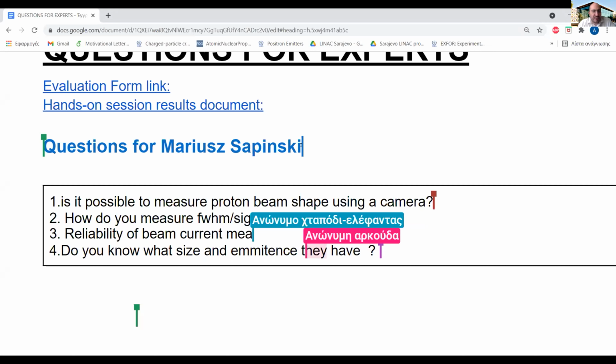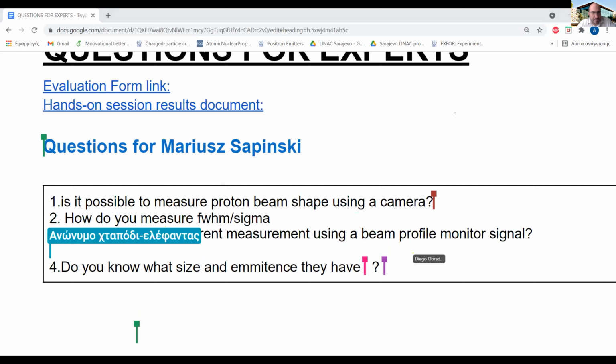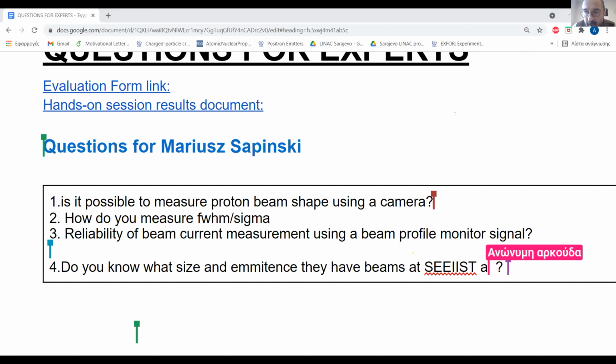What does the beta represent? Is that your question? The beta in the equation to measure the emittance, right? Okay. It's the optics. Maybe it's the Twiss beta.